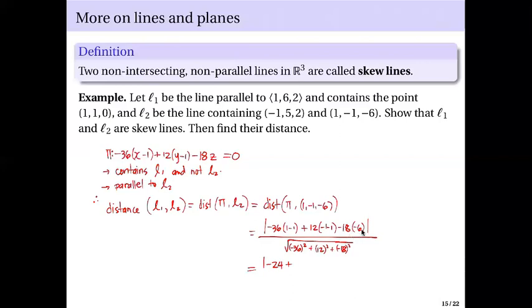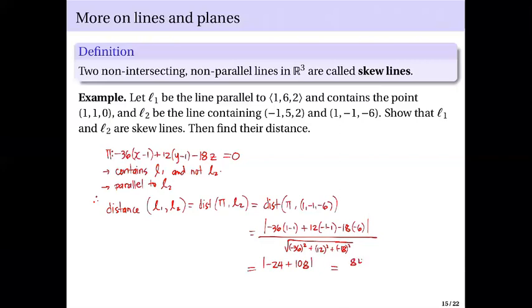So 18 times 6, that's 108. So for the numerator, we'll get 84 there.